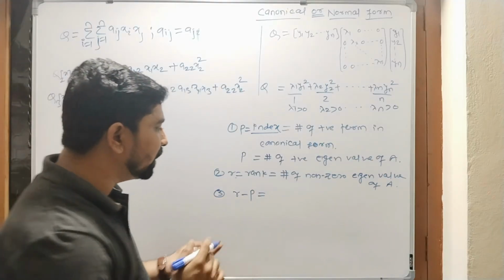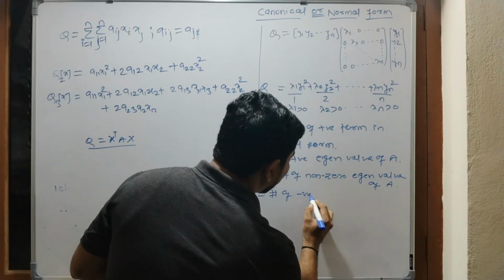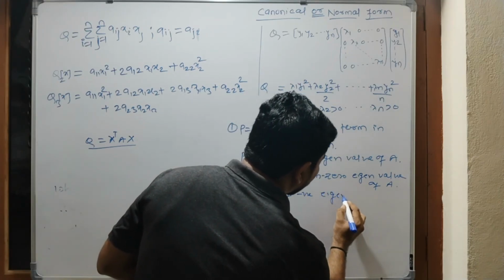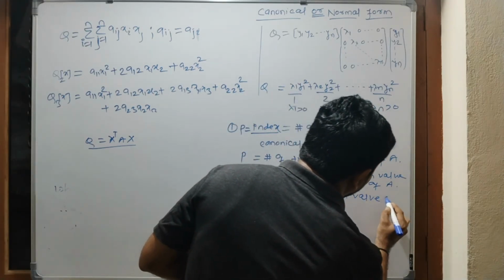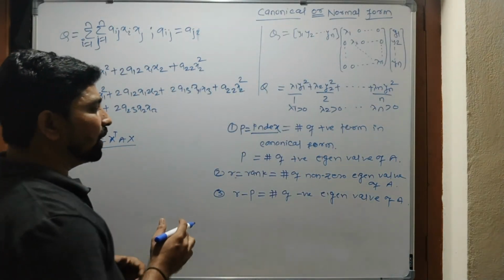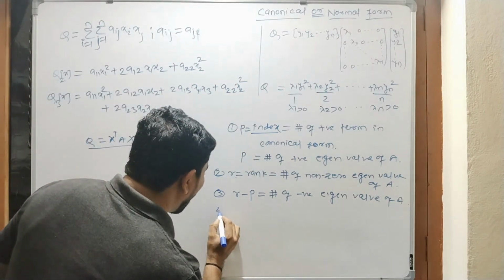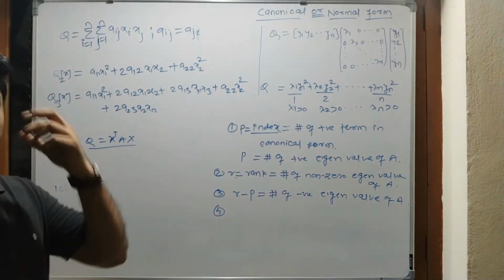Then R minus P is the number of negative eigenvalues of A. Then fourth, I will define what is meant by signature.